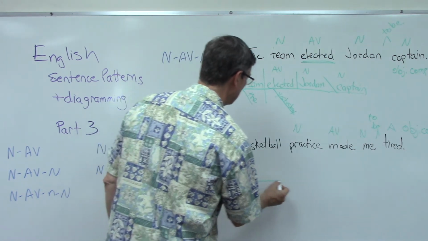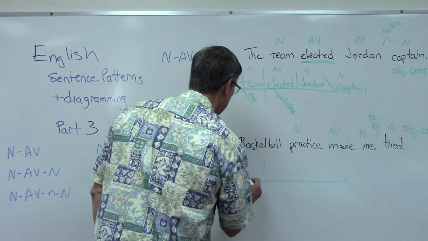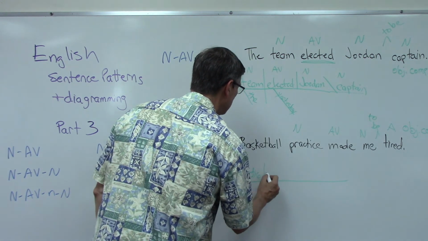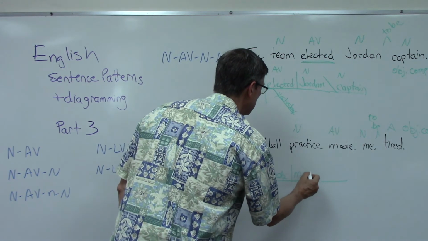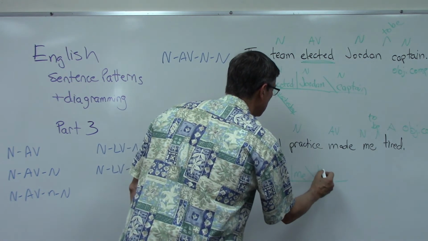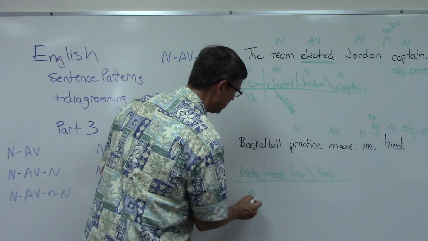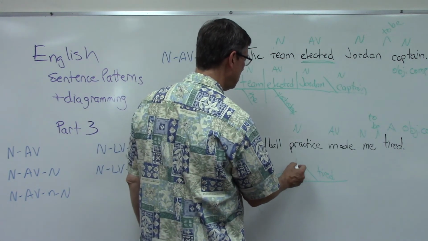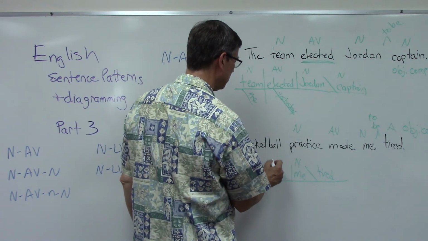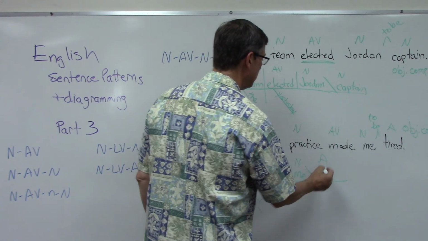And to diagram it, I did it again. Practice made, straight line, me, slanted line, tired. And then we could put basketball on this line. Basketball practice made me, direct object, to be tired.